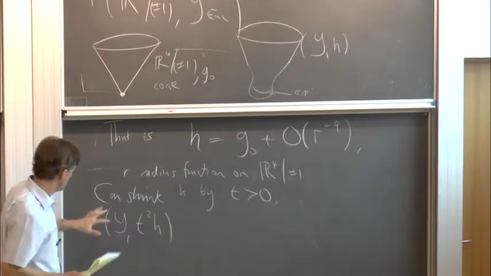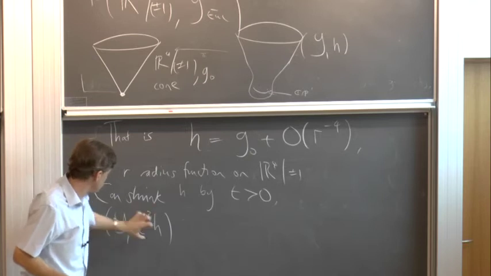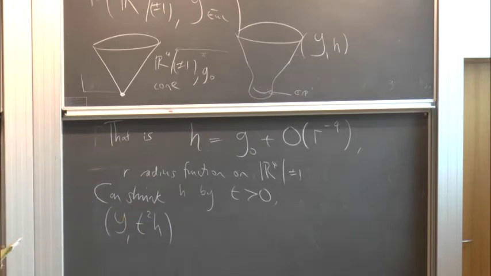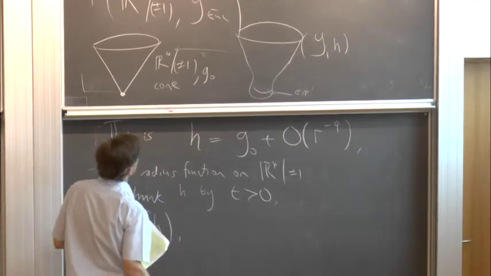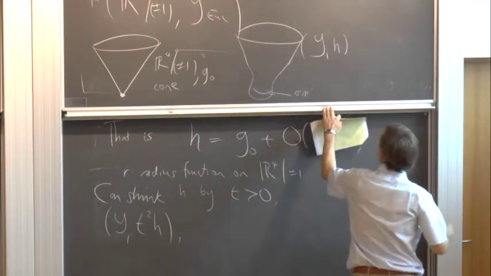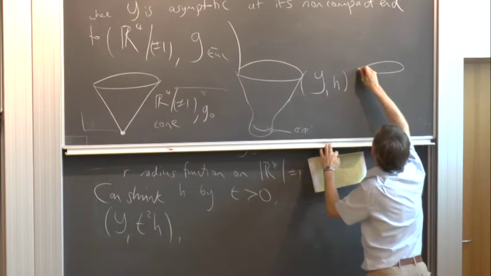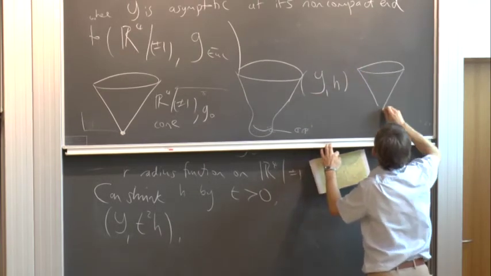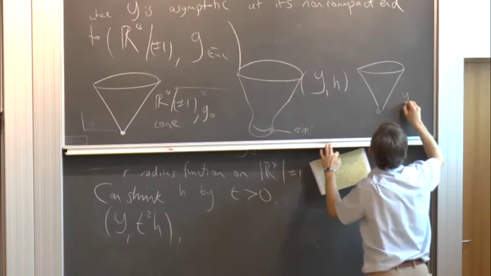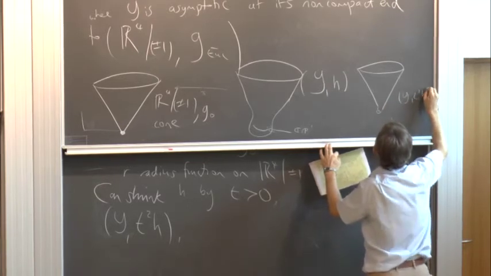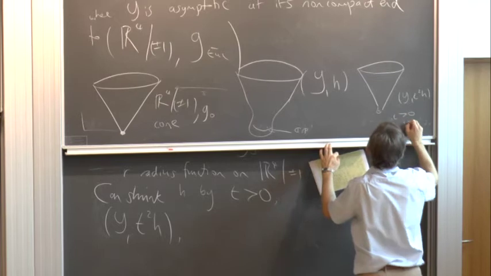Because h is quadratic in distance, it's better to shrink it by a factor t squared. So then somehow the picture here would be this would be y and t squared h for t greater than 0 small.